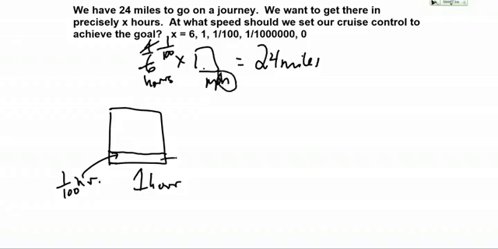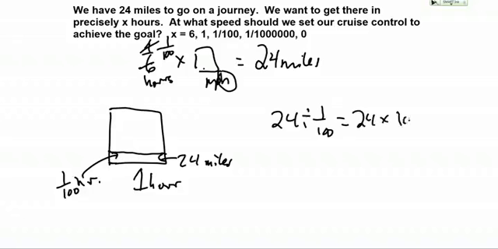We know that 24 miles fills up 1/100th of an hour, so it will take 100 copies of that 24 miles to go for 1 hour. So it would take 24 essentially divided by 1/100th. Here's a little bit of a justification for flip and multiply. This would be 24 times 100, which will be 2400 miles per hour. So we will have to break the speed limit slightly to get there in 1/100th of an hour.